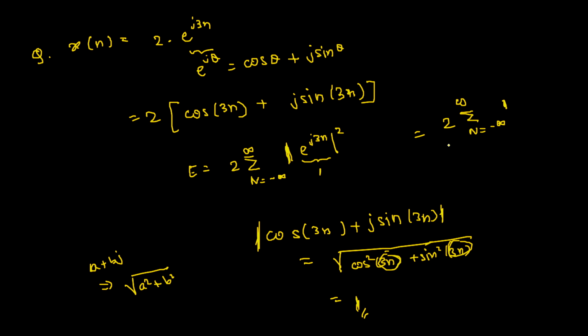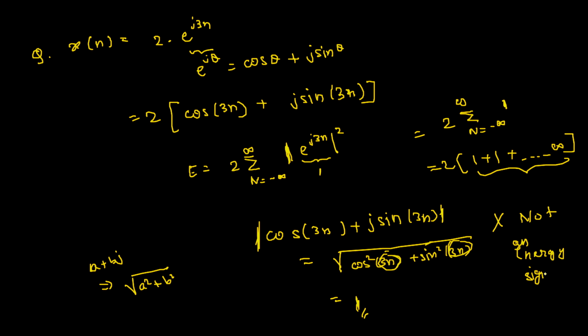So this just means we'll have 2 into 1 plus 1 plus 1 all the way till infinity. This is not defined because you're just going on adding ones till infinity. So the value of that is infinite. Since it's not defined or a rational number, we can say this is not an energy signal. It's definitely not an energy signal.